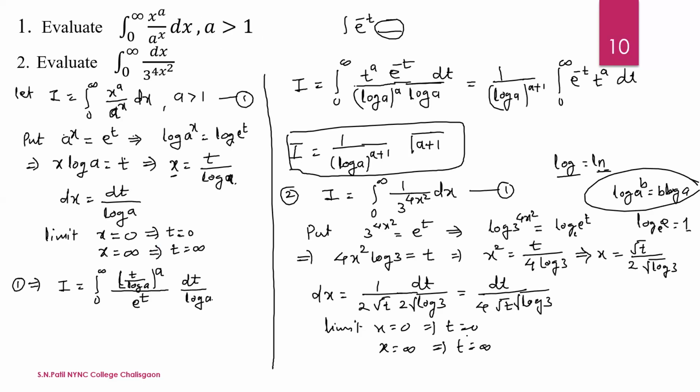The value of 3 raised to 4x square is e raised to t, and dx is equal to dt upon 4 root t under root log of 3.